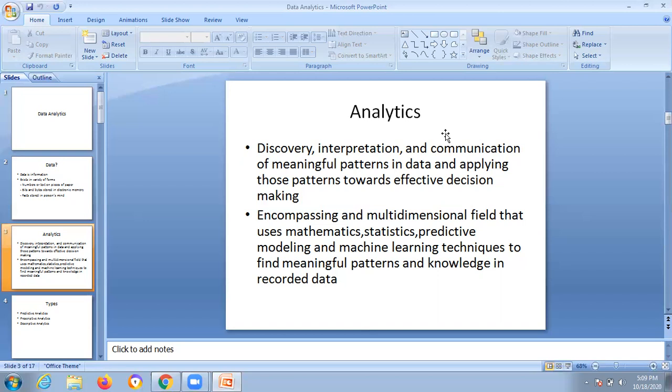You apply supervised learning, unsupervised learning, and reinforcement learning. These learning techniques are easily applied to analyze the data, and patterns should be extracted in order to get proper knowledge, and then you store the data. These are essential key concepts in analytics.